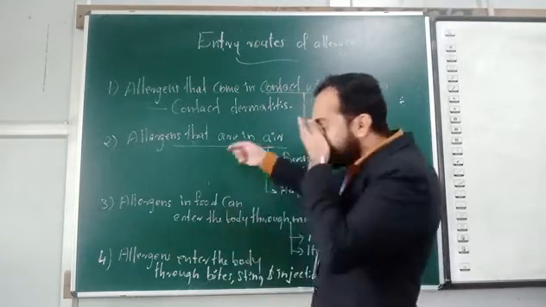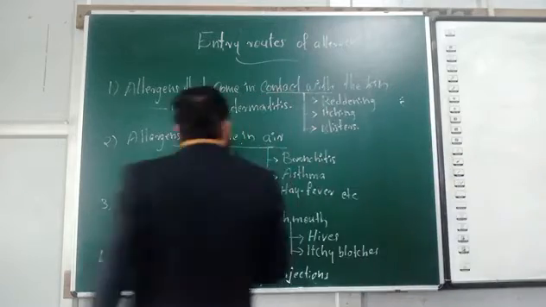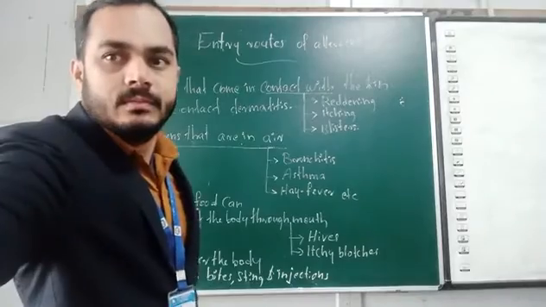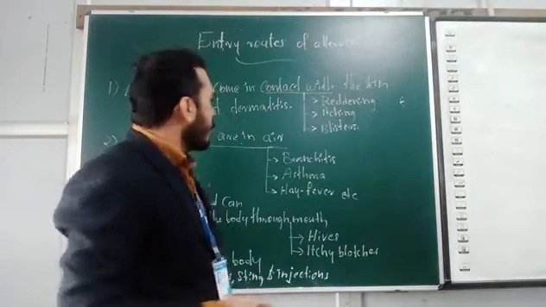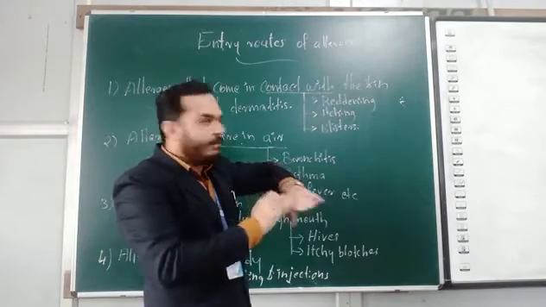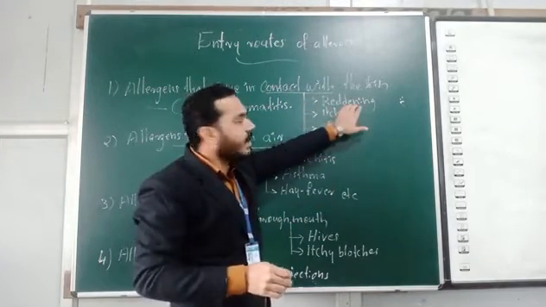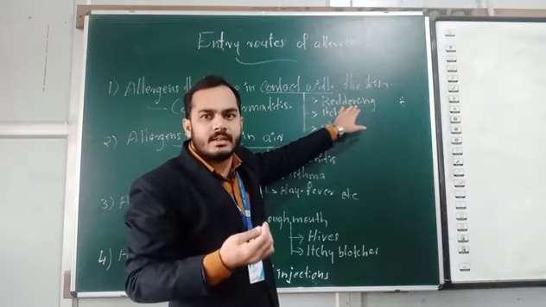Okay, I will show you some of the symptoms of this one. If allergens enter the body through the skin, it turns to reddening of the skin. What is reddening of the skin?